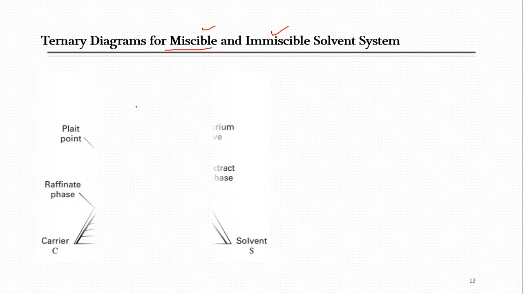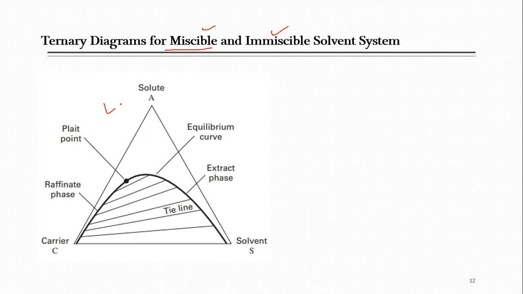So overall you have seen this kind of ternary diagram, and this is for which kind of system? Not immiscible, that was partially miscible solvent.